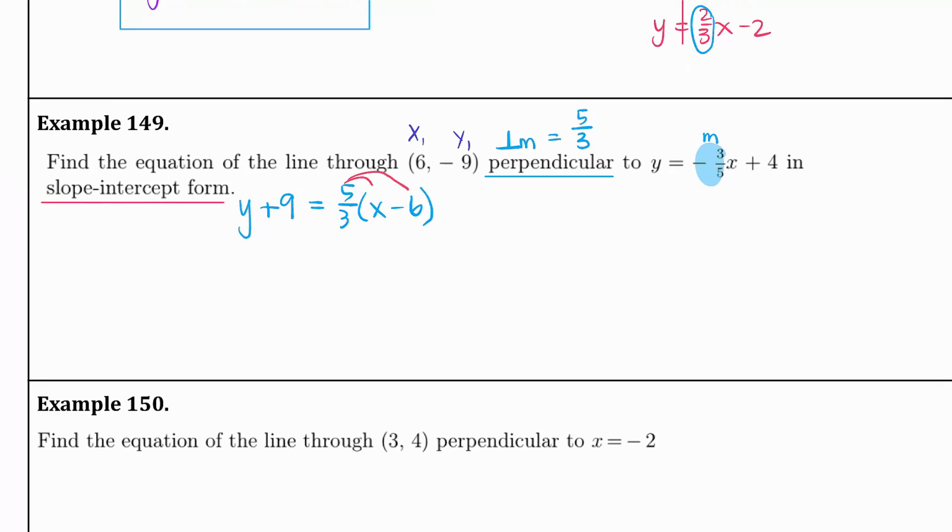We're going to distribute our slope. We have y plus 9 equals 5/3 x minus 10. 5/3 times -6 gives me a -10. To isolate the y, we're going to subtract 9 from both sides, and we get y equals 5/3 x minus 19.